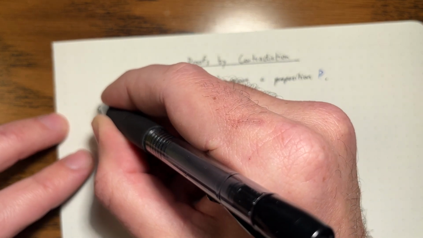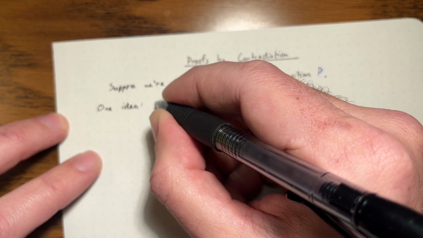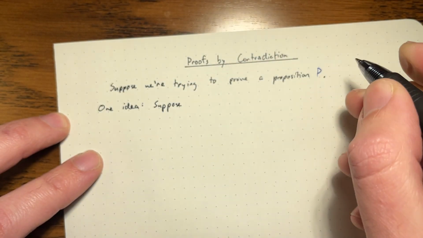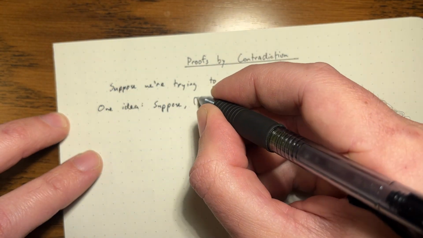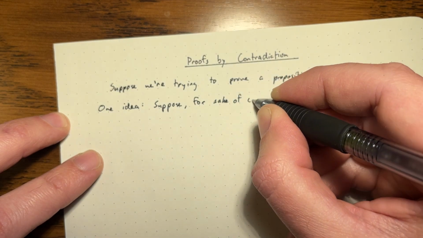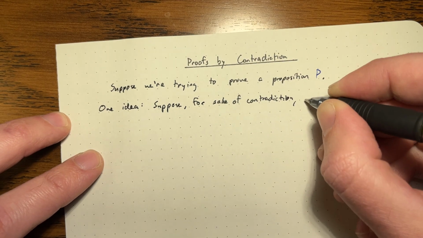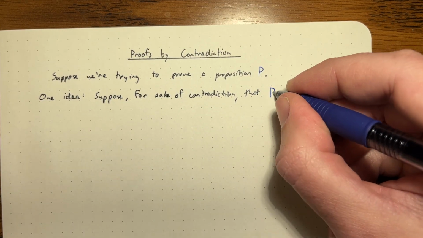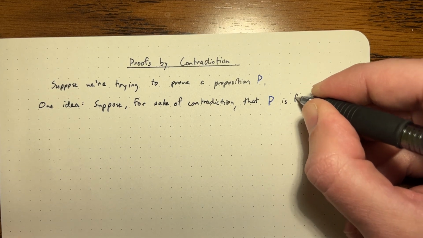Another idea, so one idea is the following. Suppose, for sake of contradiction, that the thing we're trying to prove is false. And here's the reason we might want to do that.